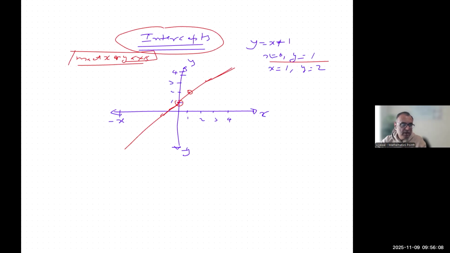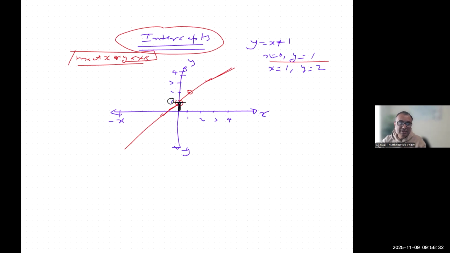Now let's take a different color to see this red line. Where is this red line hitting the y-axis? At this point here. And what is the y-coordinate? The y-coordinate is 1. The vertical measure of the y-coordinate of this point is 1.